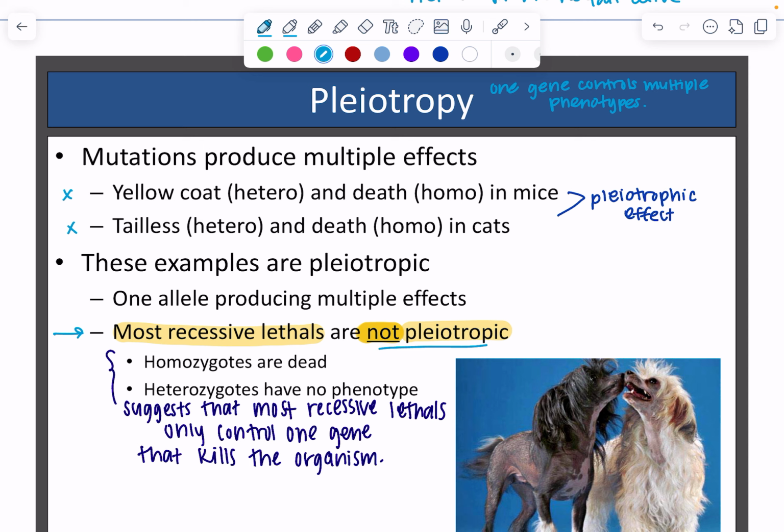But pleiotropic means that one gene affects two types of things. So it affects more than one.